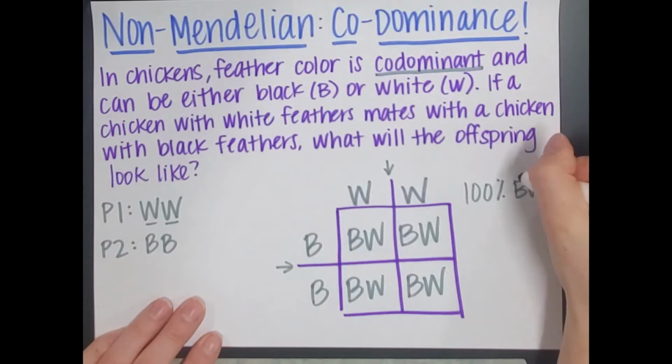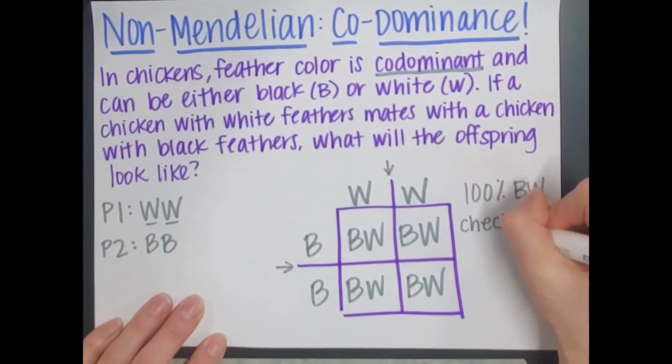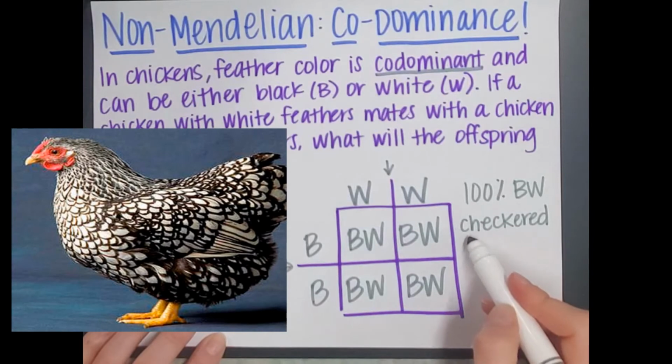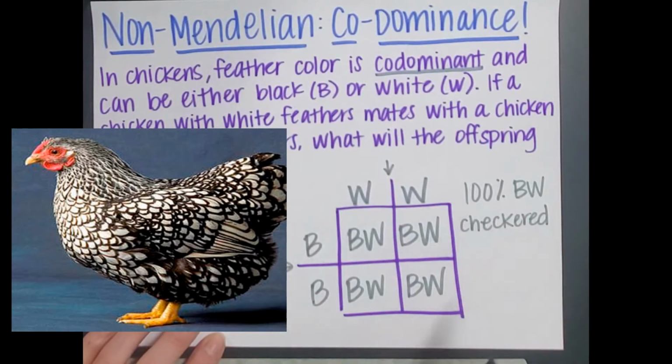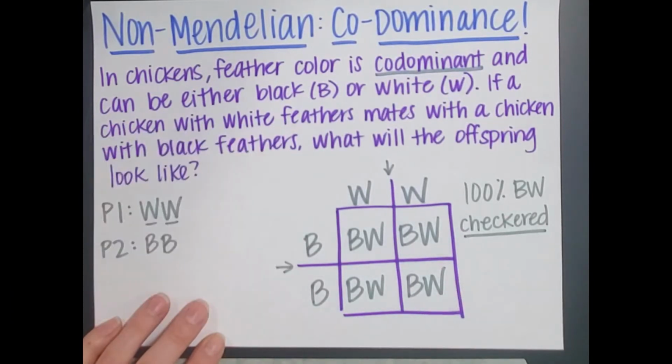So if our chicken has both black and white feathers, they will actually appear to be checkered. And I'll put in a picture of a checkered chicken so you know I'm not lying. So they will have both black and white feathers, and they kind of give it a checkered or striped or kind of speckled appearance. So they're going to have that pattern throughout. That's what we're taking a look at here.